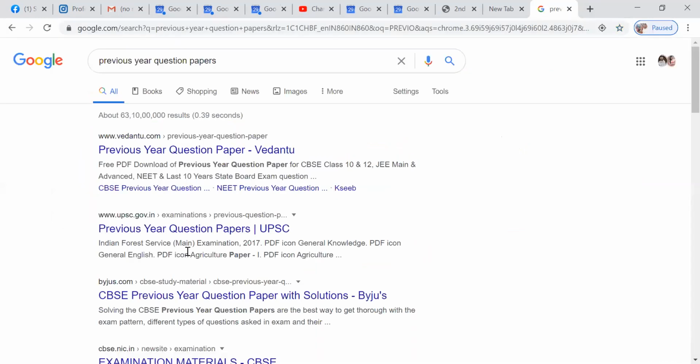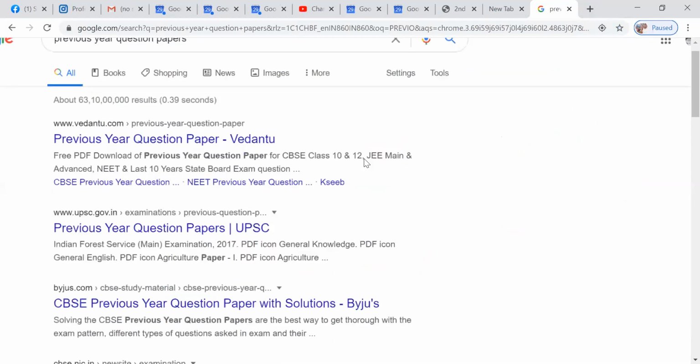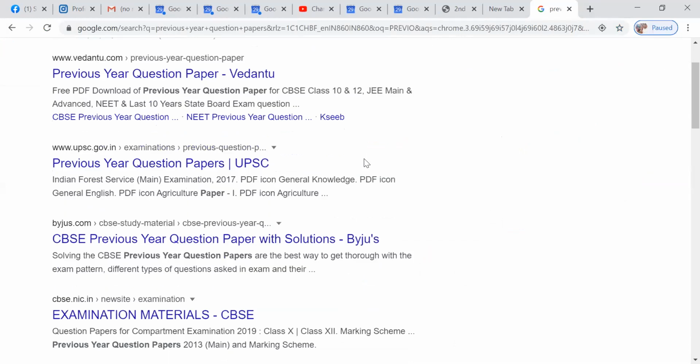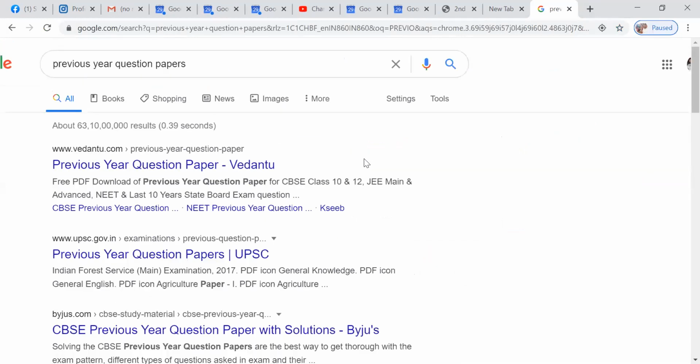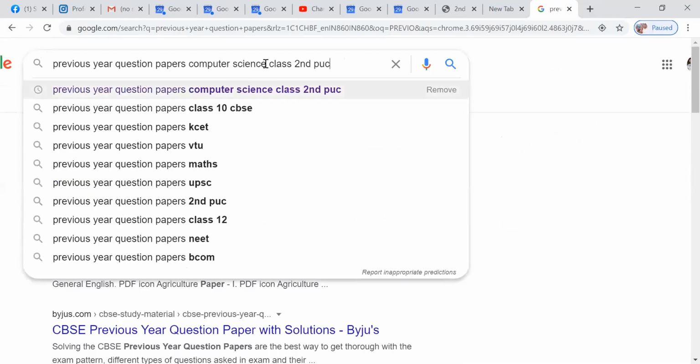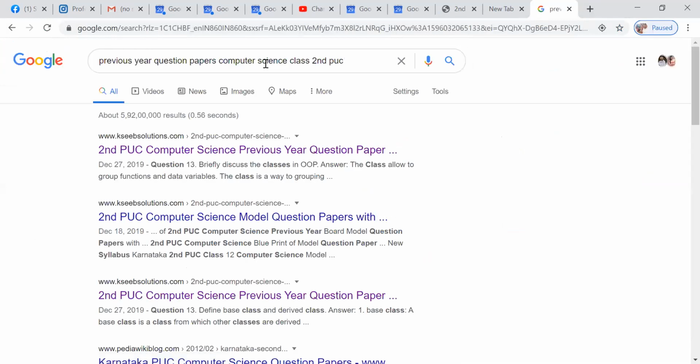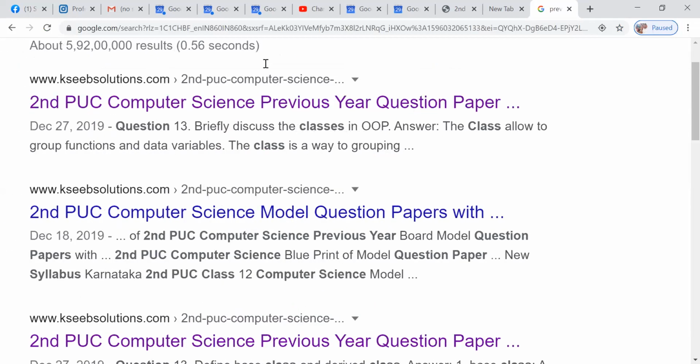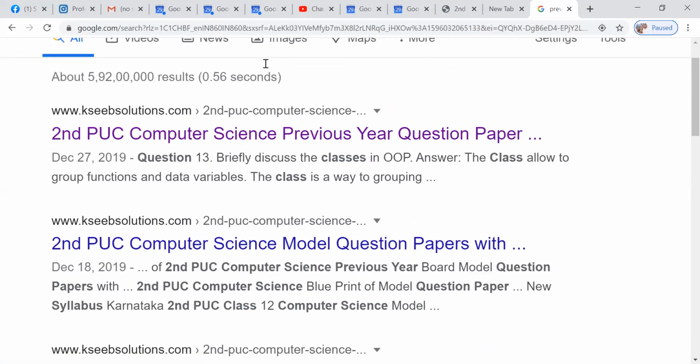They are showing a lot of things: CBSE class 10, JEE main, Indian Forest Service, correct? But if I'm showing computer science class second PUC, what is it pointing to? The previous year computer science paper, correct?